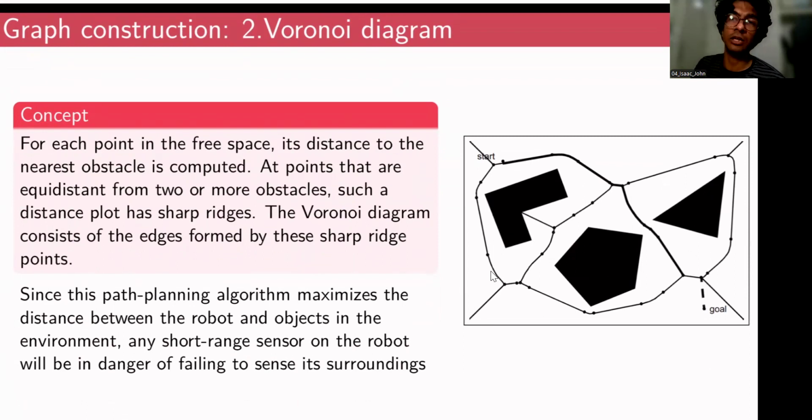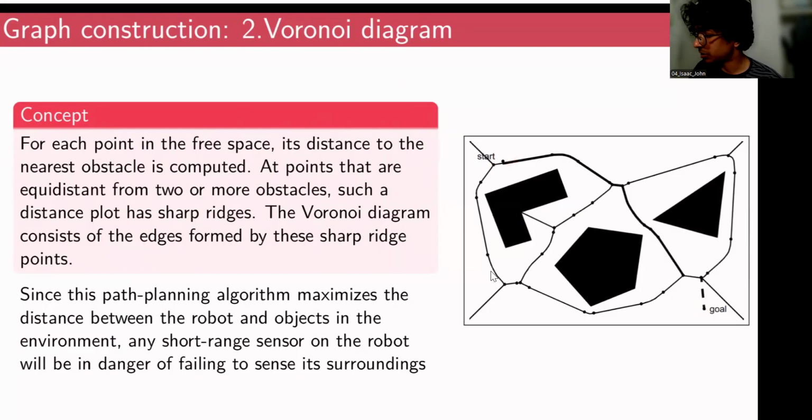So this basically has an entirely opposite philosophy when compared with the visibility graph. Here, the algorithm forces the robot to be as far as possible from all the obstacles, right? So if you consider this to be the start position and this to be the goal position, if the robot is at this location, there are two obstacles that are very near at this position.